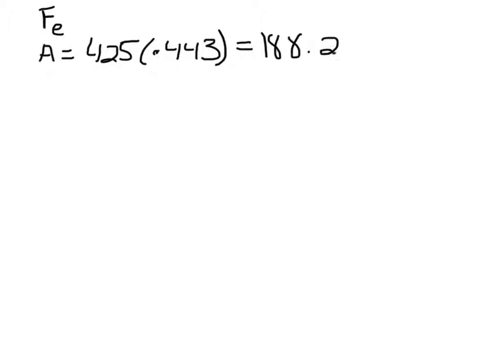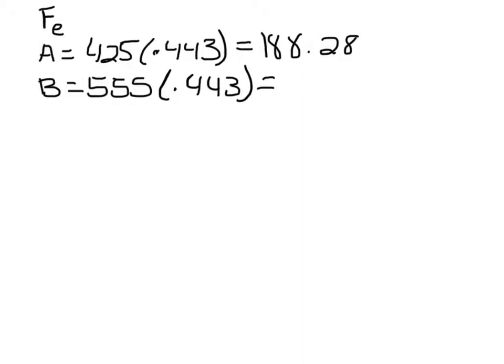So for cell A, we're going to have 425 times 0.443. Again, we're multiplying the column total times the row percent, and that's going to give us 188.28. And then cell B, we're going to have 555 times 0.443, which is going to give us 245.87.